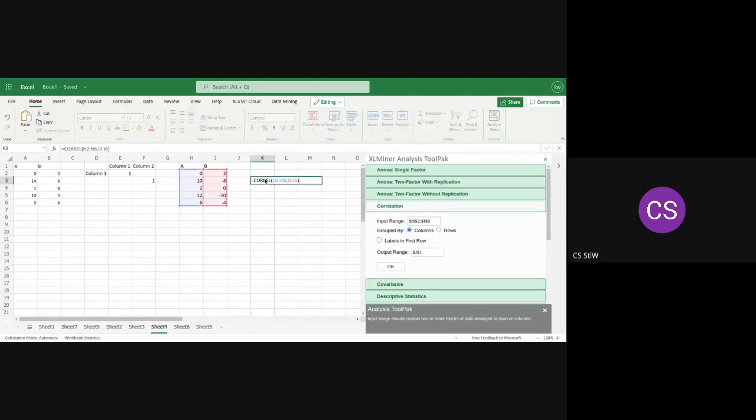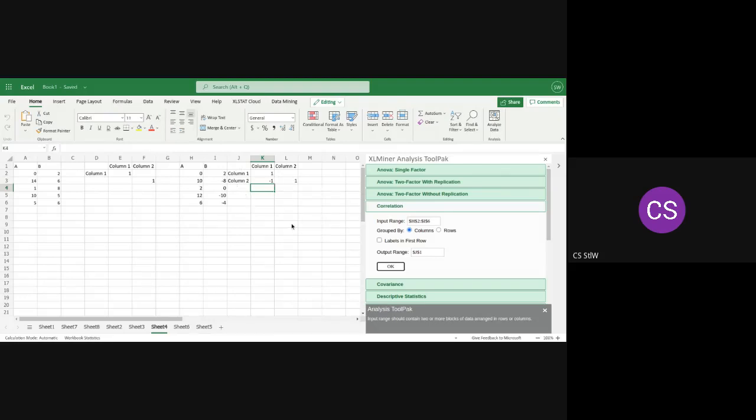So this was my initial value, so I'm just going to remove it. Also one thing is you can use the correl function. So if I run this, okay, I've done it twice.